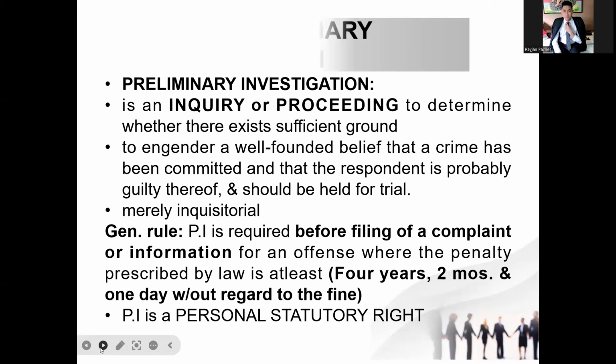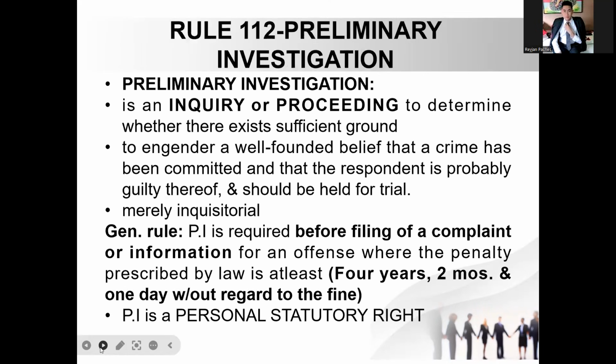Okay? Okay, so dito tayo ngayon class sa Rule 112. Okay, yan yung tinatawag natin ngayon na PI. Ito yung paborito ninyo, yung tinatawag natin na preliminary investigation. Kaya class, kapag mga ganitong tanungan or ganitong mga explanation, kasi paborito ko to, okay, kahit nakapikit ako, kaya ko i-explain yan. Okay? So, ang preliminary investigation class, tandaan nyo lang yung term na inquiry.